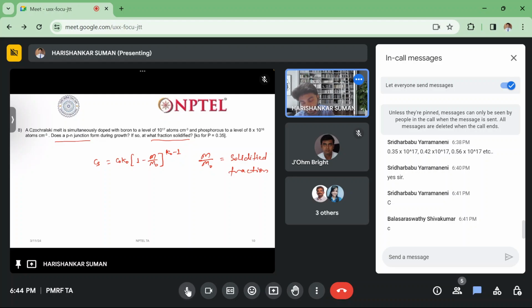So please think. You have 5 minutes. This is the formula you can apply, but please think: what should be the doping concentration Cs on both sides, N side and P side, for a p-n junction to form? You can take 5 minutes for this question. Please solve.